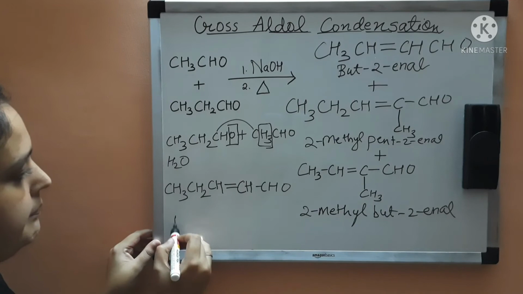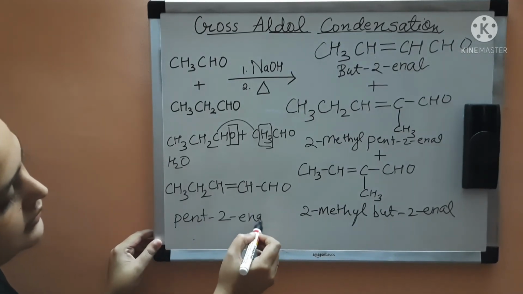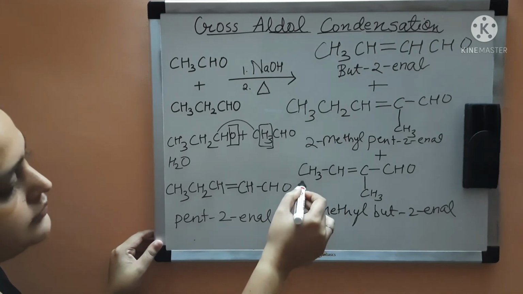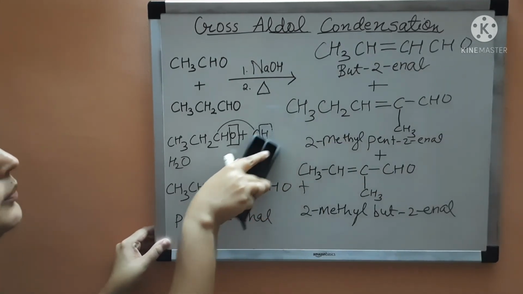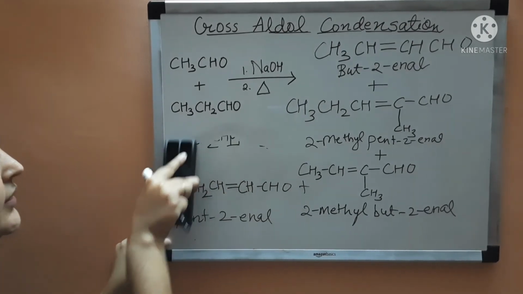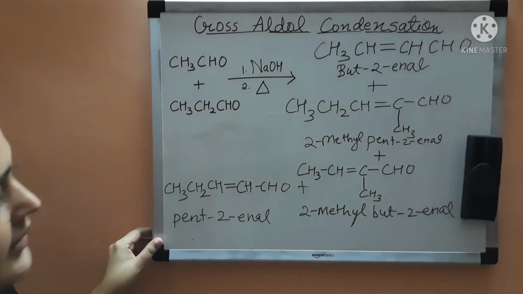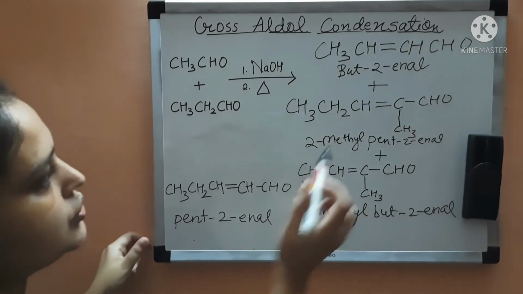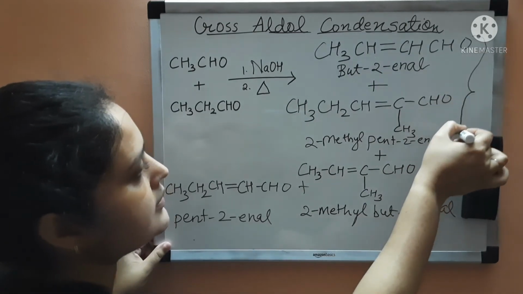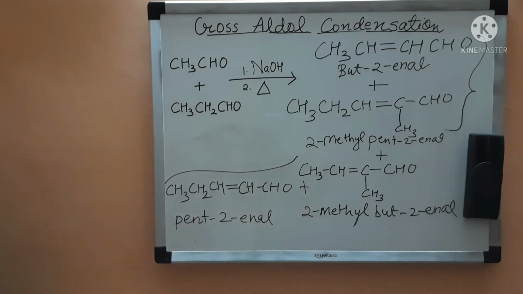So it will be pent-2-enal. This is also a cross-aldol product because it is also made from propanol and ethanol. So these are the 4 products, these two and these two. These two are self-aldol products and these two are cross-aldol products.